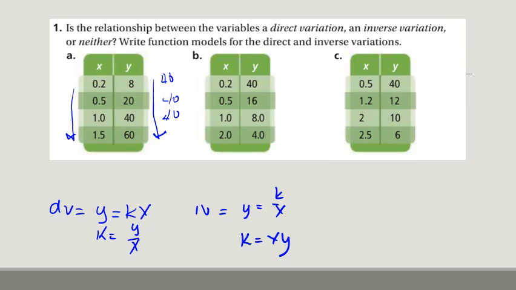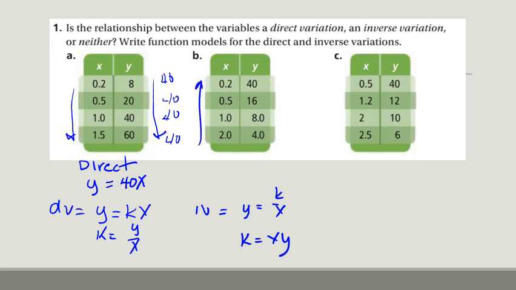And 60 divided by 1.5 is 40. So this is a direct variation. And they want us to write a model, so it would just be y equals 40x.